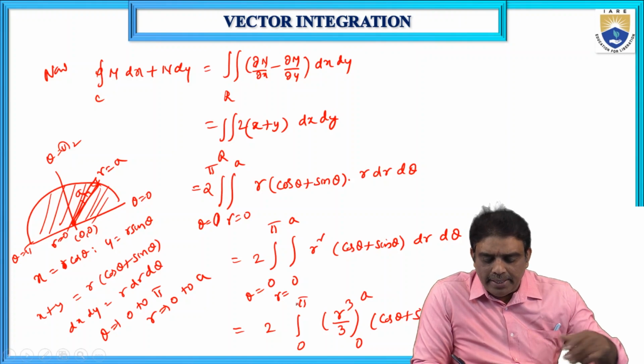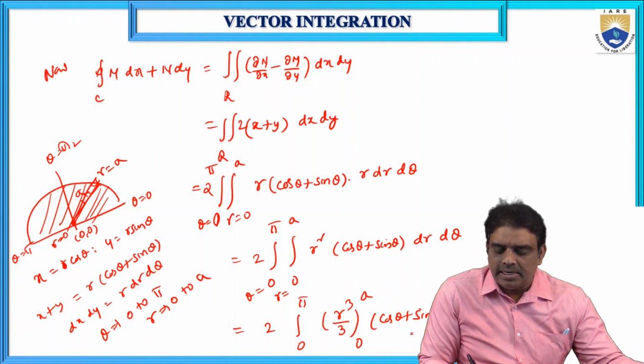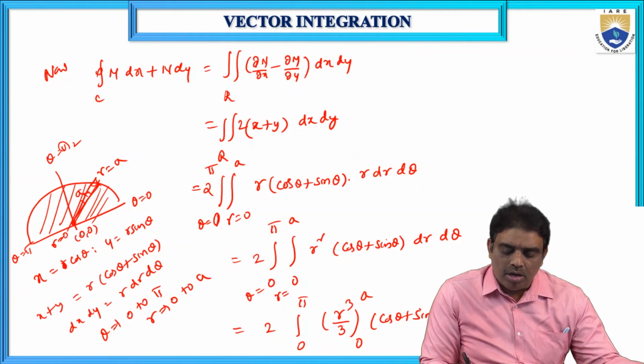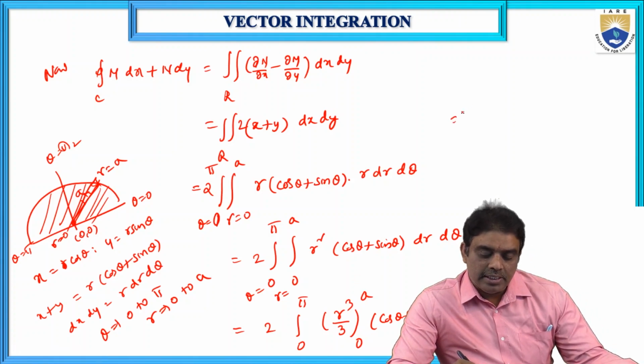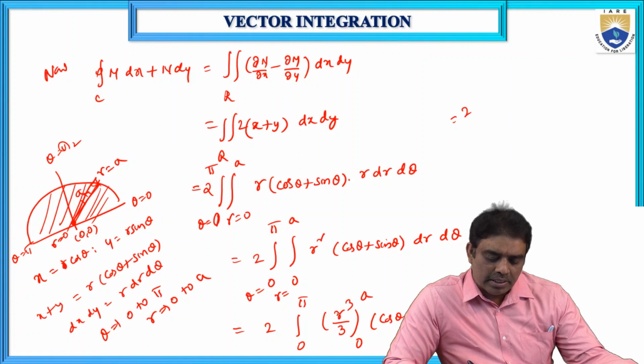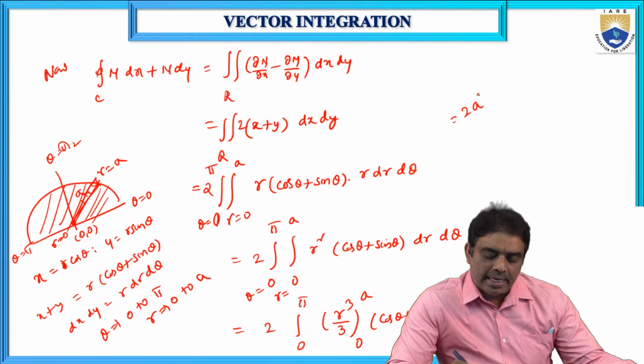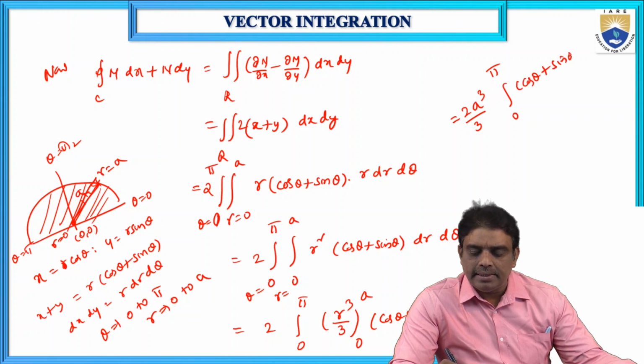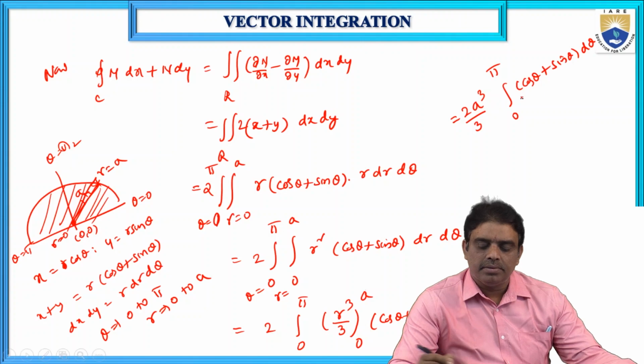Theta limits are 0 to pi, and cos theta plus sin theta is treated as a constant because we are integrating with respect to r. So this is 2 into, substituting the limits, upper limit a cube by 3 and lower limit 0. So I can write 2a cube by 3 times the integral from 0 to pi of (cos theta plus sin theta) d theta.